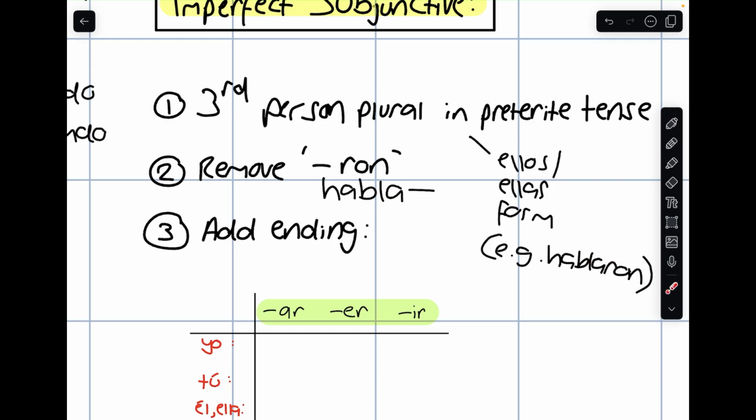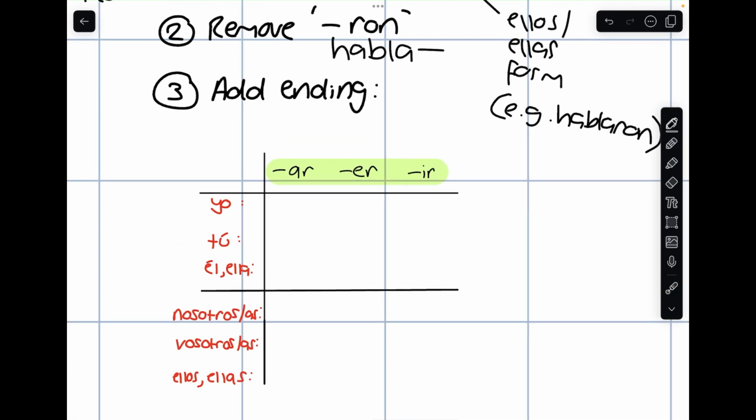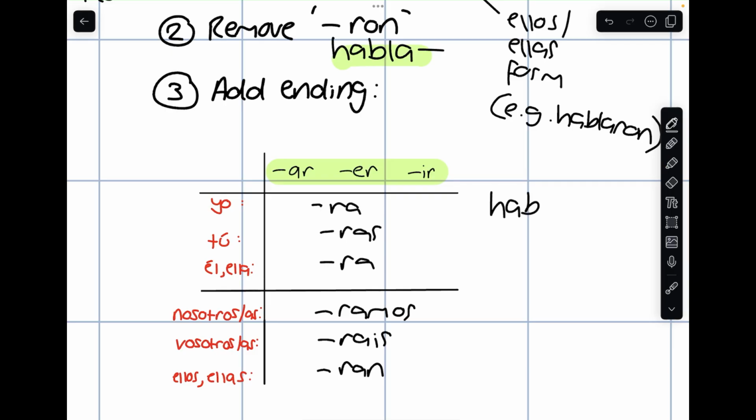And finally, we have to add our endings. So my endings for the imperfect subjunctive are the same for all three categories of verb, AR, ER, and IR. And they are as follows. Ra, ras, ra, ramos, rais, ran. So if we're going to do that same process for my verb hablar, I have habla and then add ra.